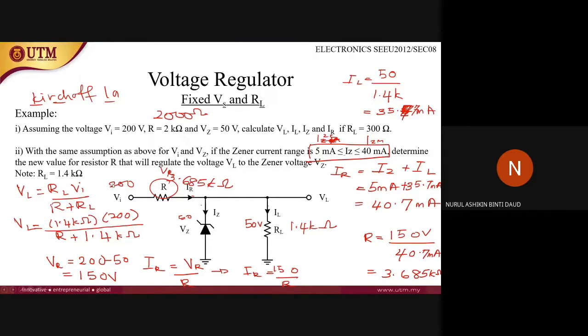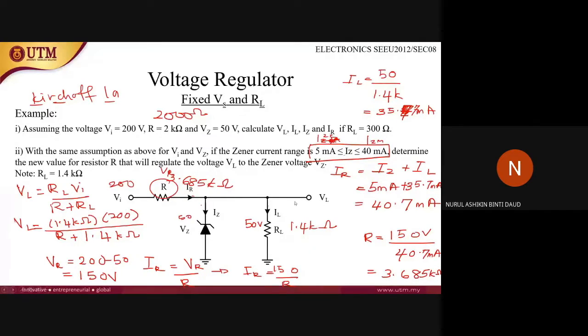Okay, first of all, again, you have to make sure at this condition, for this question number 2, they said that with the assumption of the regulator regulating the voltage VL, it means that this Zener is working. It will regulate the voltage VL. So it means that VL will be more than or the same as the value of VZ.